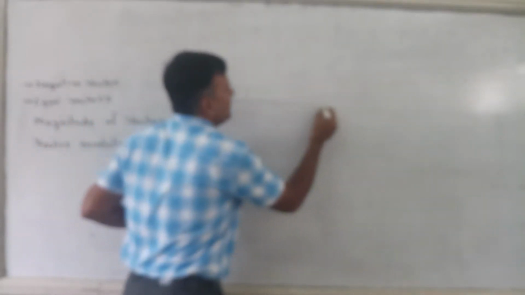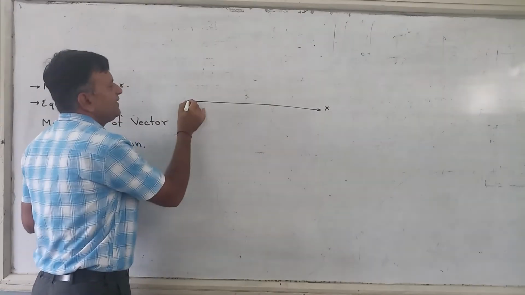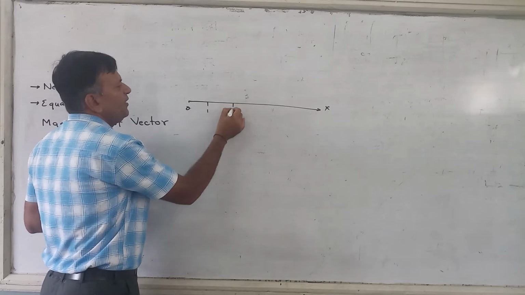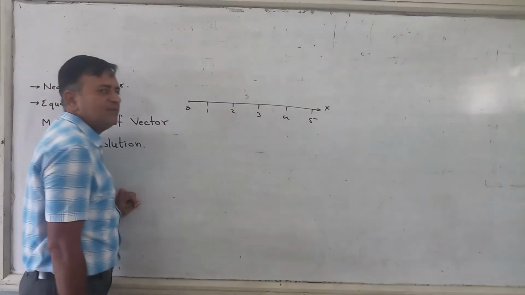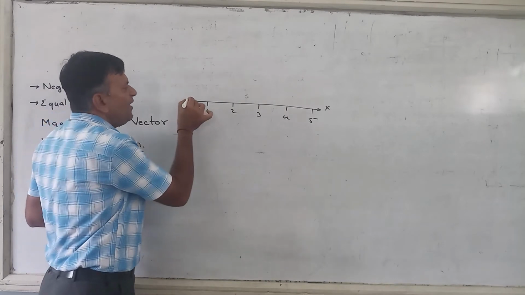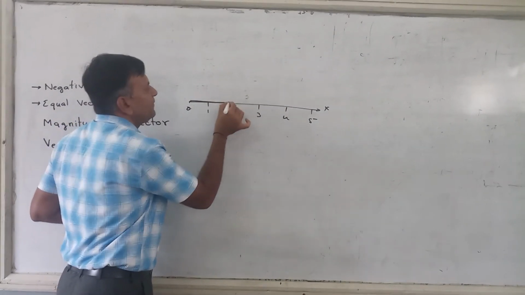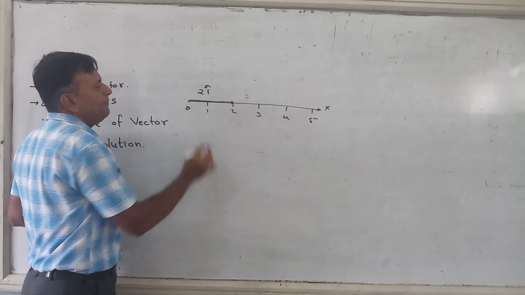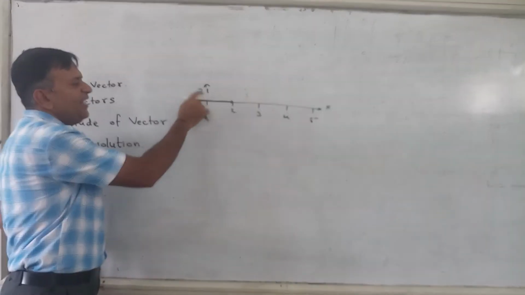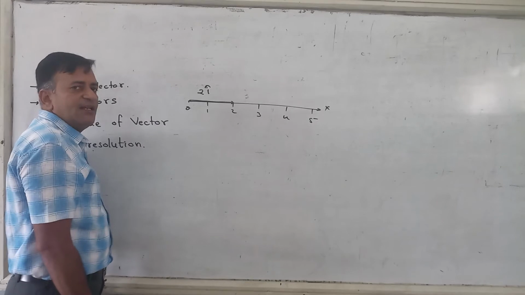Number line, say x-axis, this is point 0, 1, 2, 3, 4 and 5. If I draw this vector, what is this vector? It is 2 I cap, 2 steps in direction of I cap.